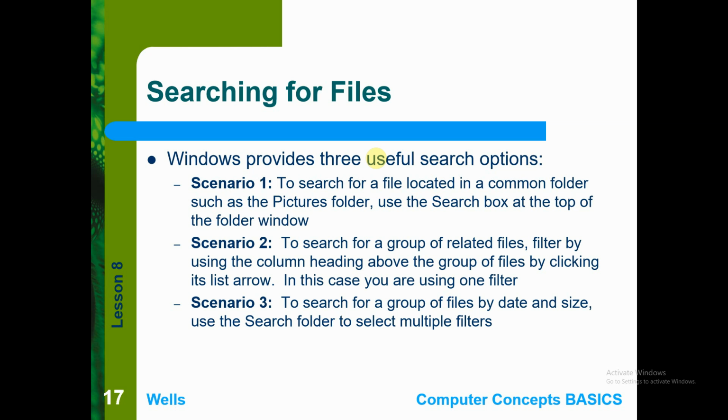For example, by searching for the date modified, o ano pinakabago nga file nga gin-edit mo, or you can search for the file with the biggest size. For example, amo ito size nga gusto mo i-delete para maluag imong hard disk. Then you can sort it by clicking on the size and the file size of that search folder.